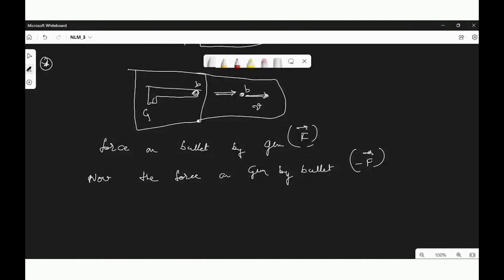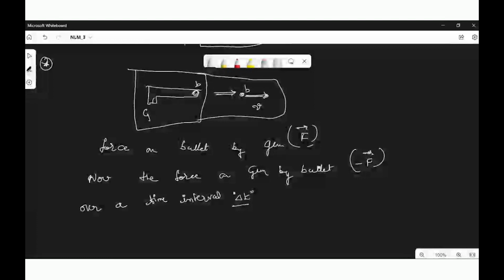Now if I consider over some time interval delta t, we know that just now we said action and reaction both apply at the same time.